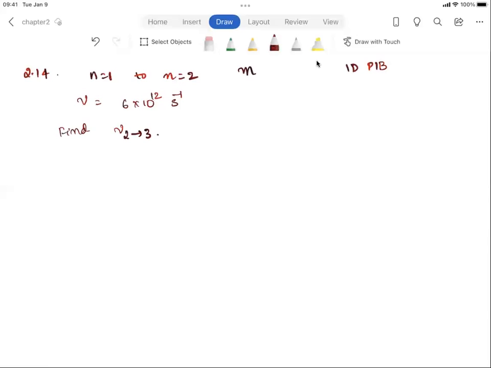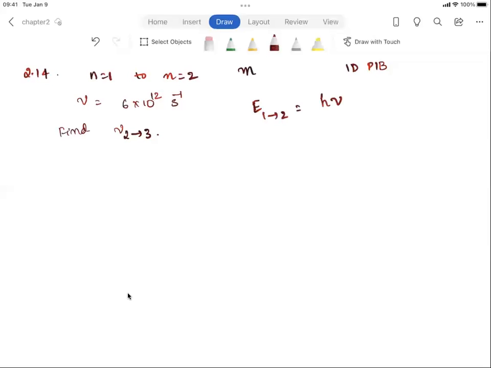So here what we can do is, let's first write the energy that corresponds to this transition. Right, that is going to be h nu.